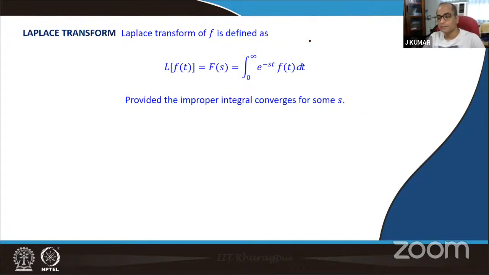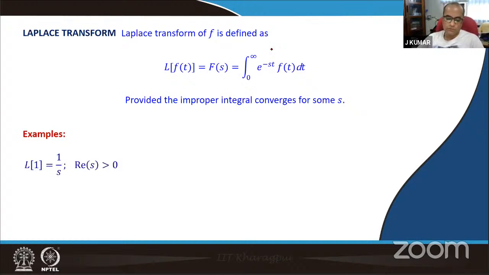Converges means that this integral should exist, because in several cases this integral may not exist because of this infinity.